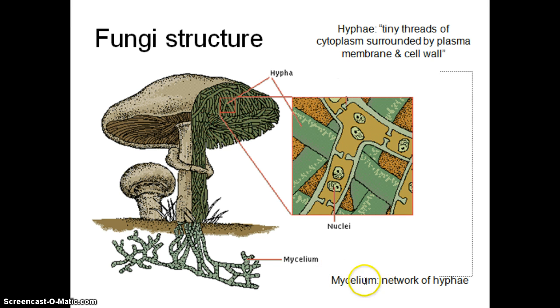So mycelium is in a fungus, and mycelium is an entire mass, and that could be one way you can remember it, a mass of M and M, a mass of hyphae, okay? And mycelium are always found underneath the ground, okay?